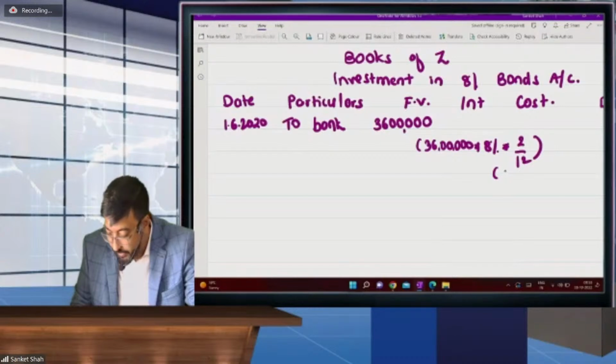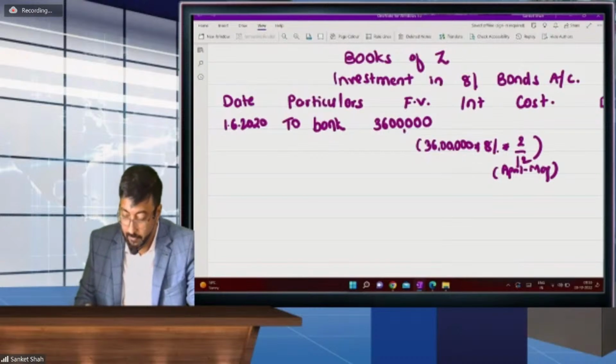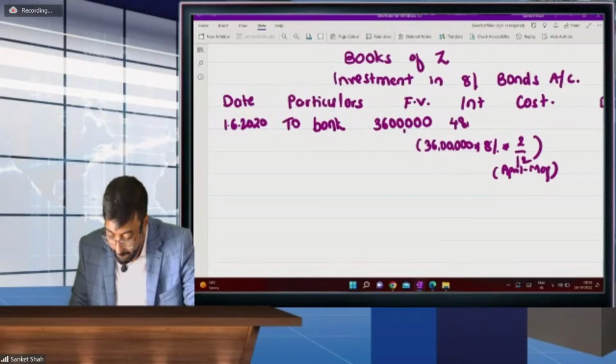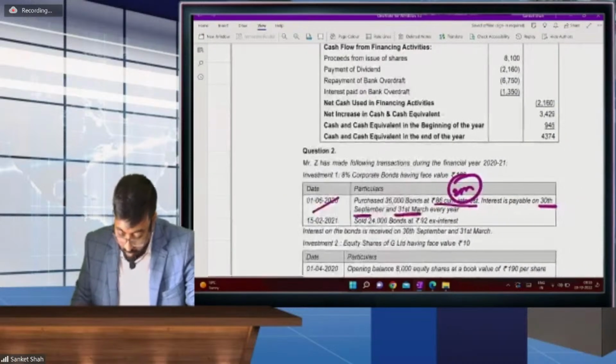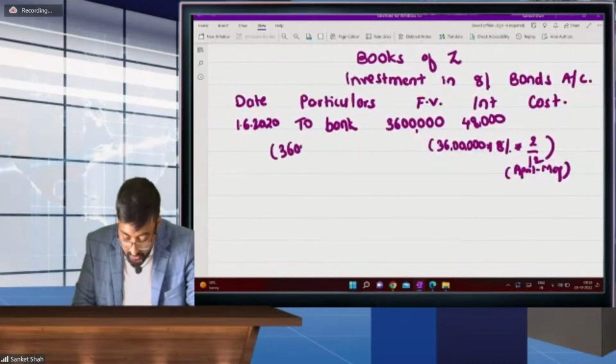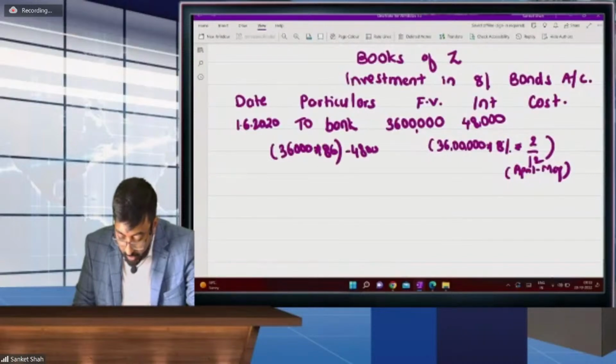Last interest is paid on March, April to May. So what is the value? 48,000. Now 36,000 into 86 minus 48,000.